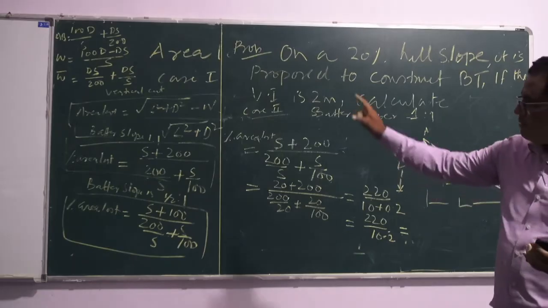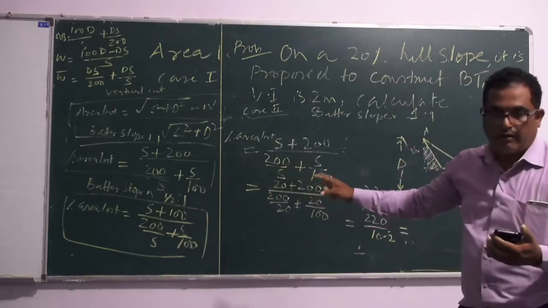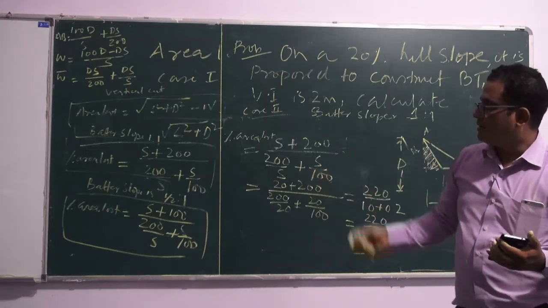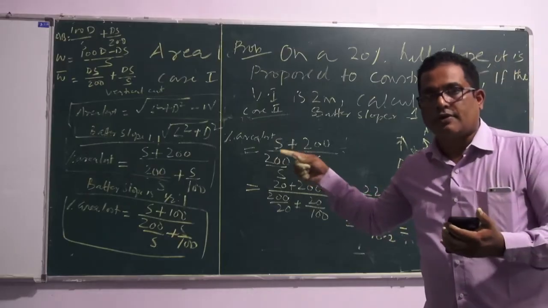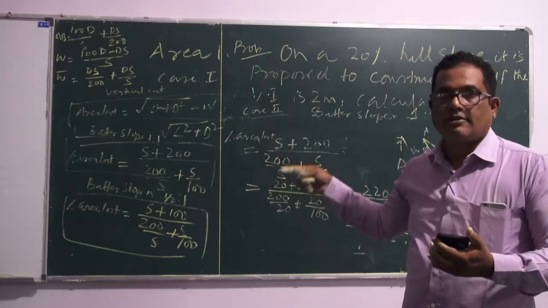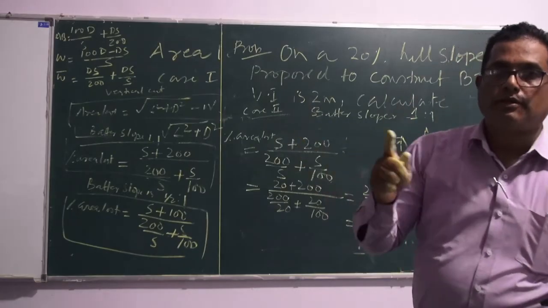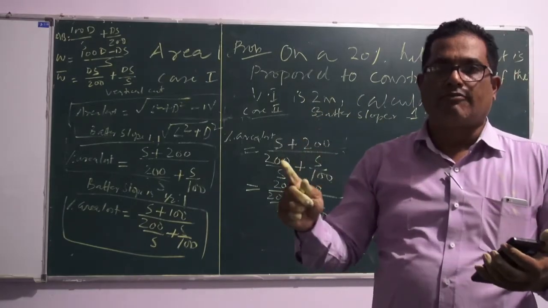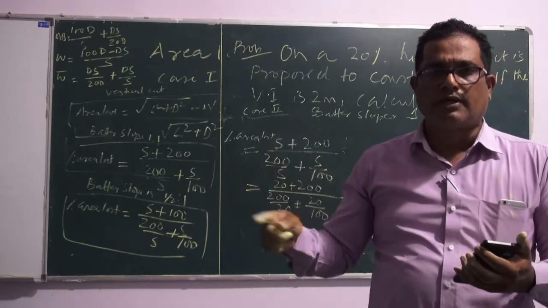That these formulas, I think we should know by heart. Otherwise, if there is a numerical problem, it would be very difficult for you to derive within a short period of time. But those expressions of D in case of vertical or batter slope of 1:1 or 1/2:1 are very easy.